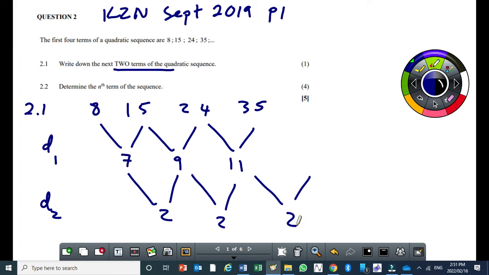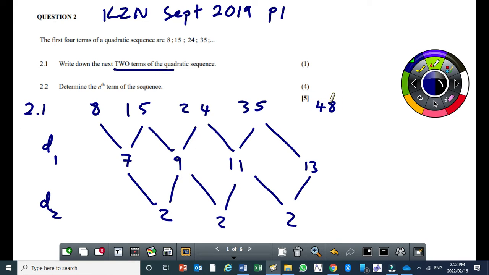That 2, please be aware that if you want to get the next term, you might need to know the second differences. So what number was here that was such that we subtracted 11 from it to get 2? 13. So that number you add it to 35, then you get 48.